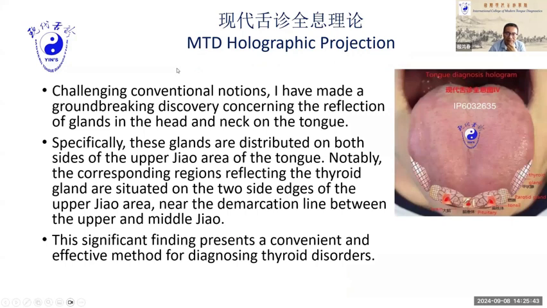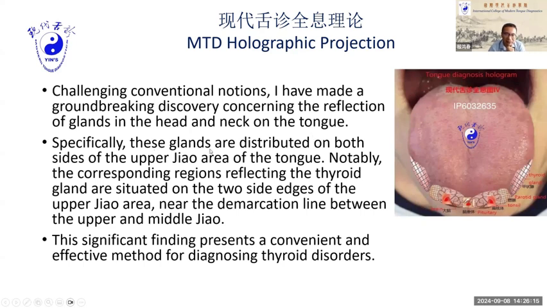Also, I continue to discover the secrets on the tongue, challenging conventional notions. I have made a groundbreaking discovery concerning the reflection of glands in the head and neck on the tongue.